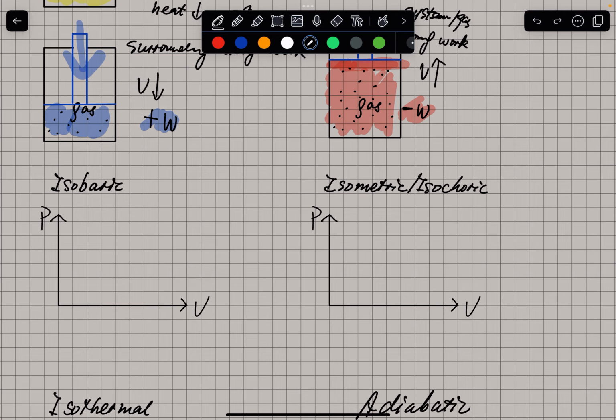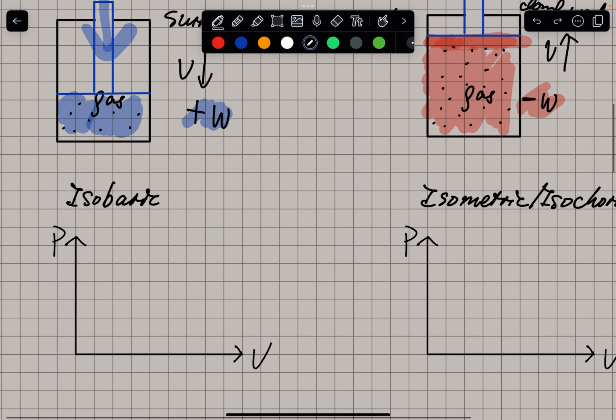The first PV diagram is the isobaric, okay? Before we jump into the nitty-gritty, I want to point out an equation: W equals P, I should say delta P, times delta V, okay?